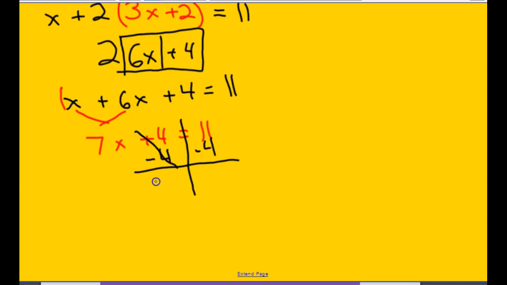So those cancel out. We get 7x equals 7. To get x by itself, divide. And we get x equals 7 divided by 7, which is 1.